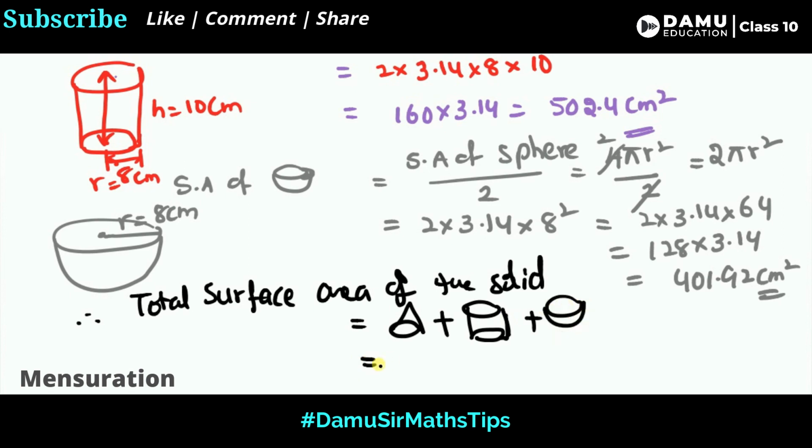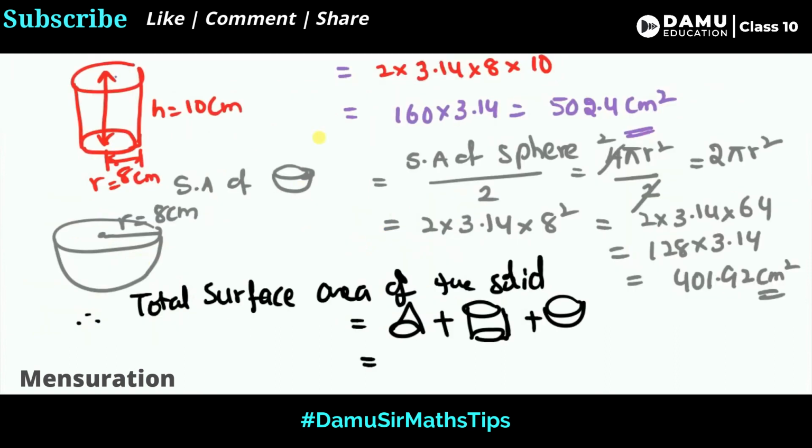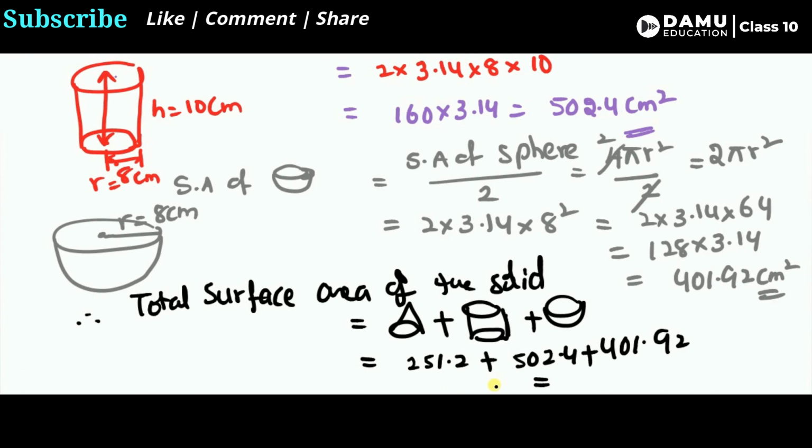The cone is 251.2, plus the cylinder 502.4, plus the hemisphere 401.92. If you add all these values, 502.4 plus 401.92, we will get 1155.